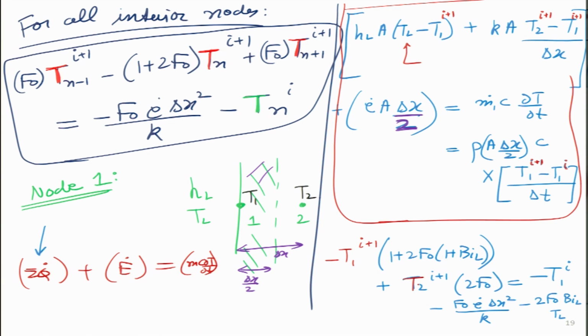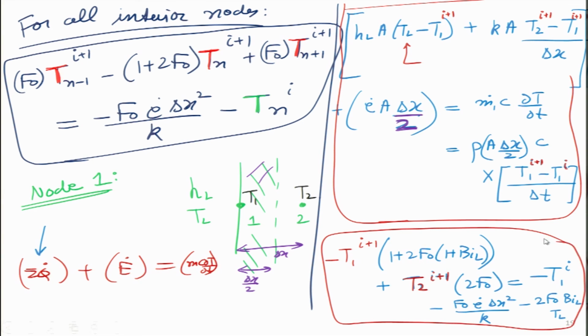And there are two unknowns over here. These are the only two unknowns, everything else is known in this equation. So, this is the equation for node 1.